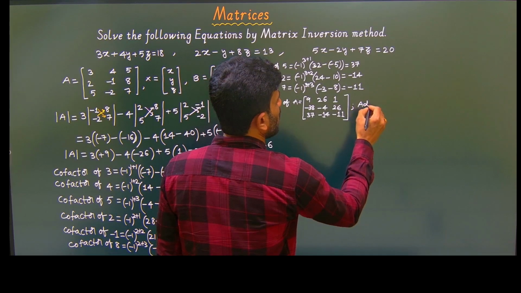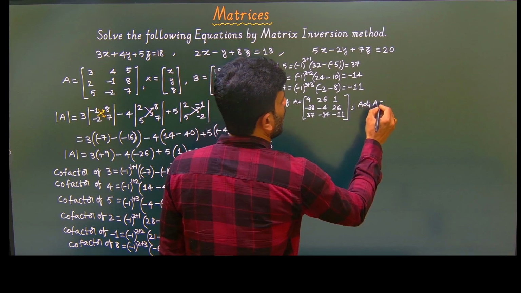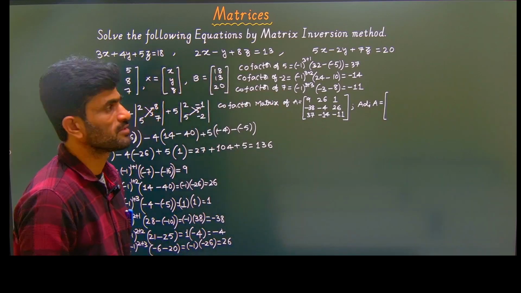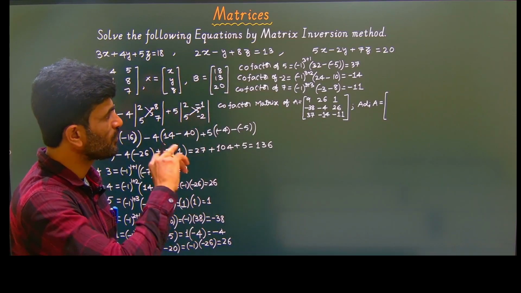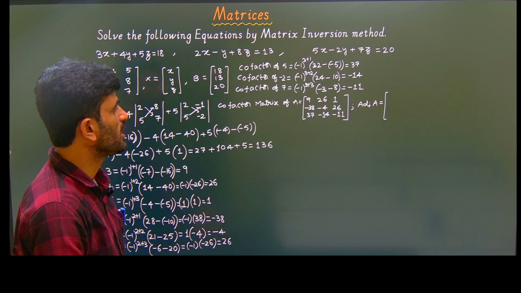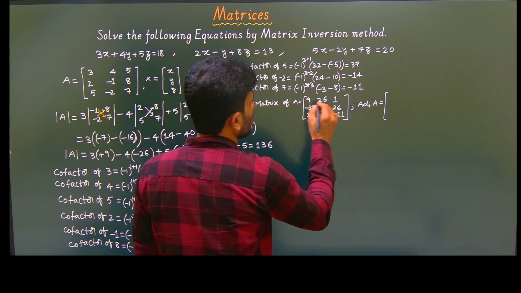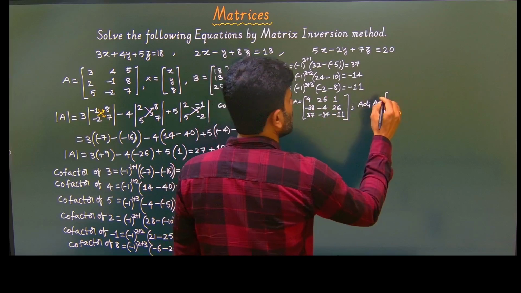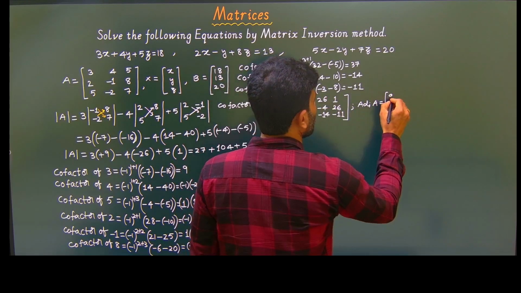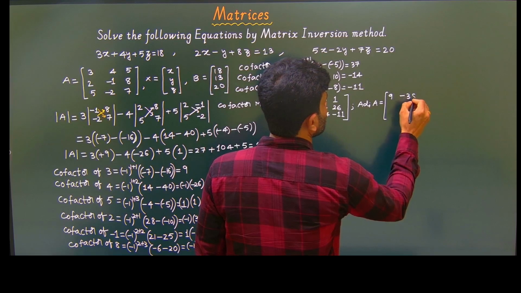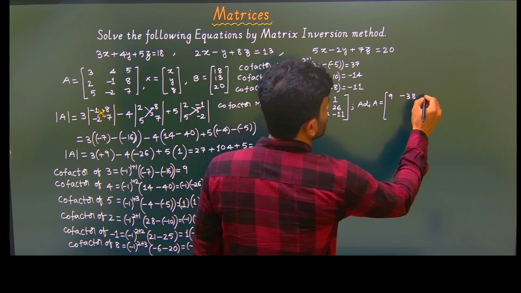After this we have to find adjoint A. Adjoint A is equal to the transpose of the cofactor matrix. Once we know the cofactor matrix, just interchange the rows and columns, and we get adjoint A. So what we have here, first column we have 9, minus 38, and then 37. That should be written as first row.